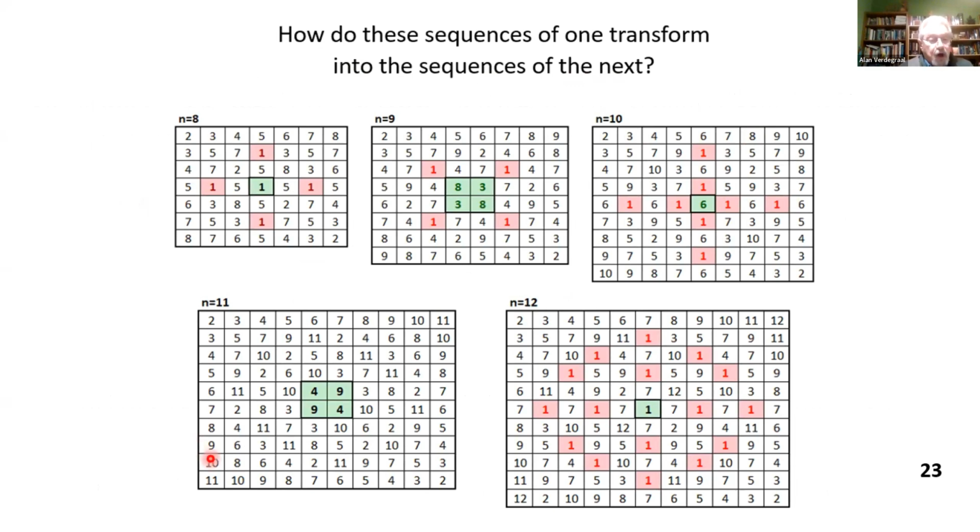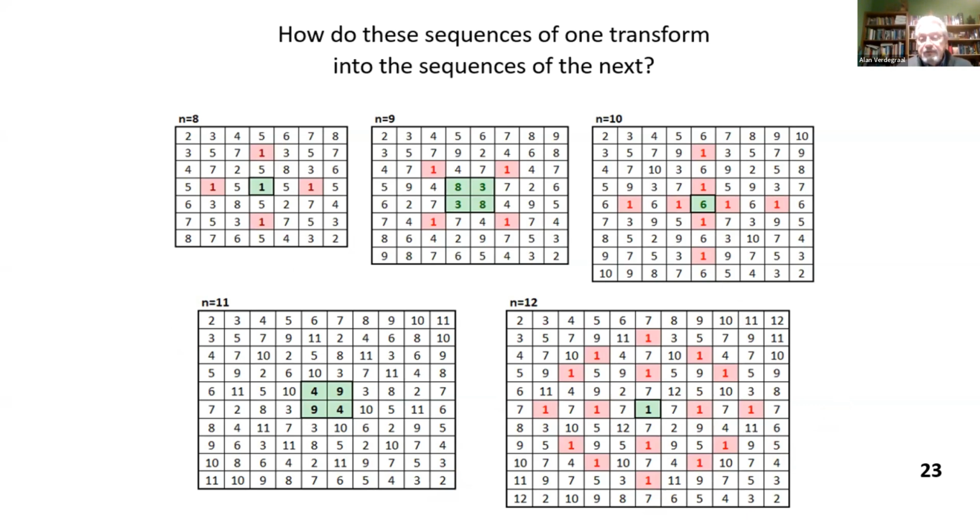And then there's no 1s for the prime number n equals 11. So the question is, how does this pattern of 1s transform into the next pattern of 1s, which transforms into this pattern of 1s, which suddenly transforms into no 1s in the array, that then comes back and shows the next pattern of 1s.